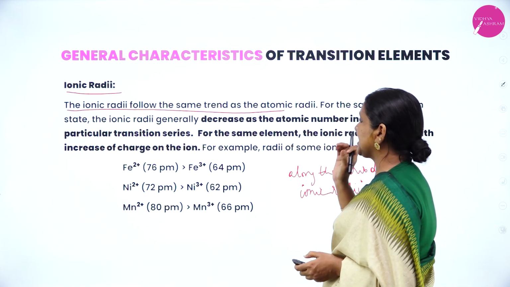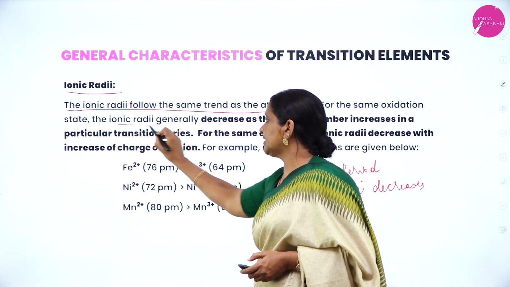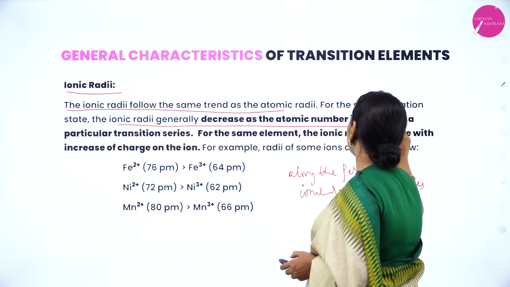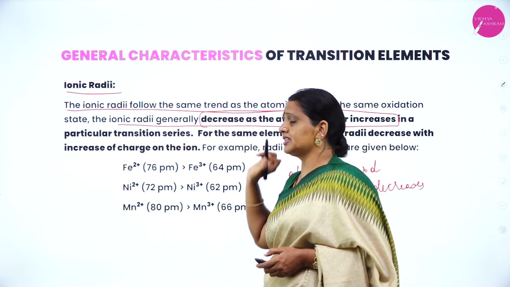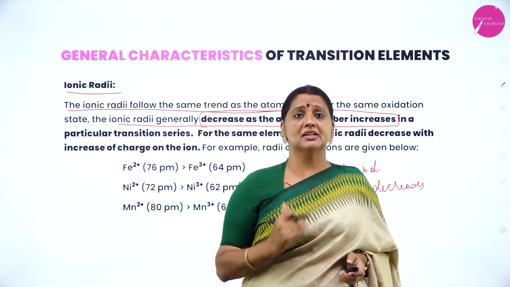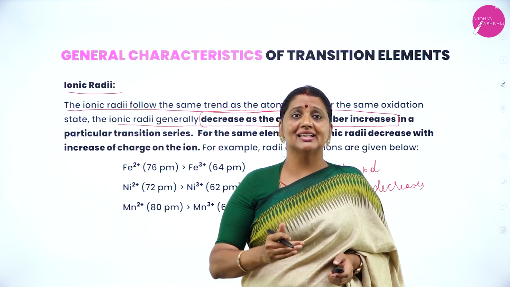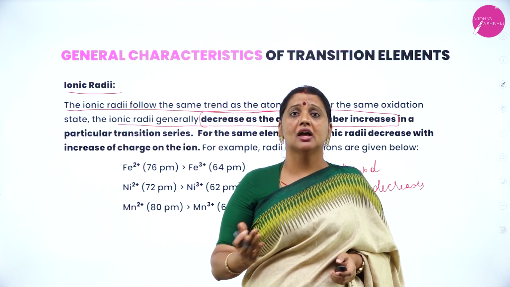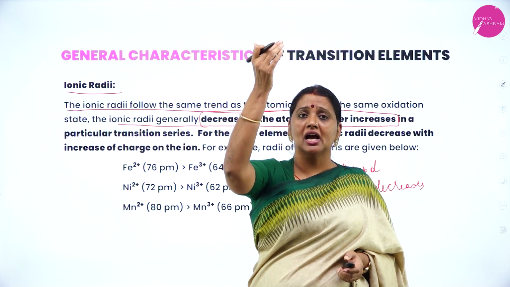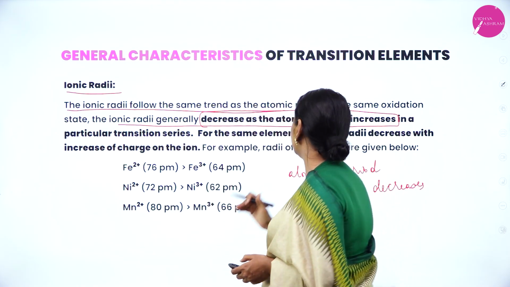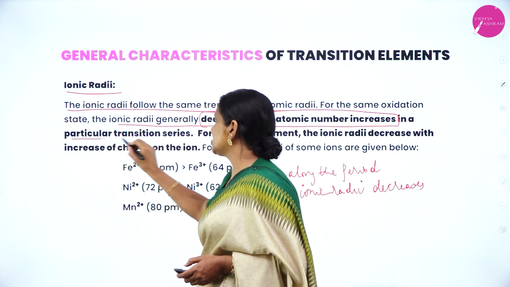For the same oxidation state, ionic radii generally decreases as the atomic number increases. As atomic number increases, ionic radii decreases in a particular transition series.